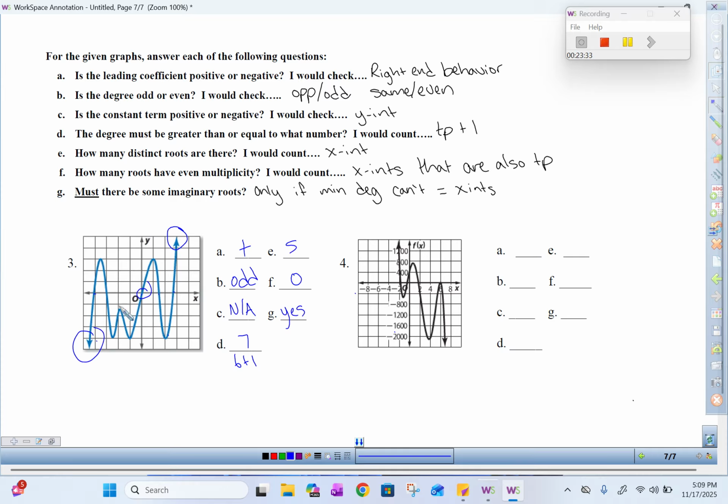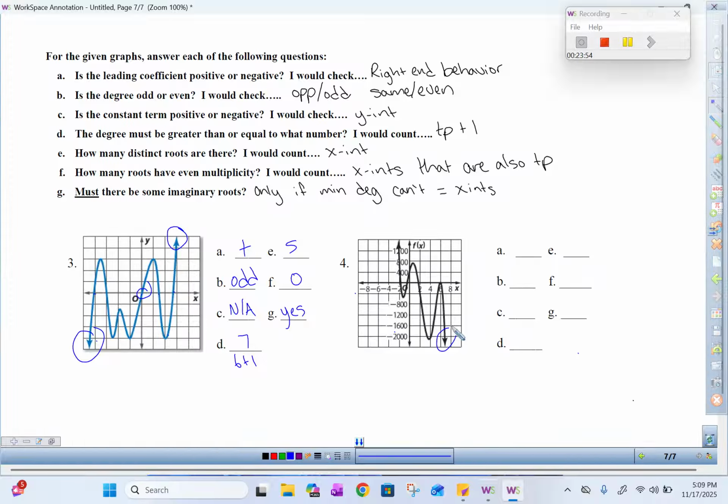And this is what I was talking about. When one of those turning points is headed towards the x-axis but doesn't hit it, sometimes that's a good indicator that there might be imaginary solutions. And this ended up being a yes. Okay, pause the video, try that last one.